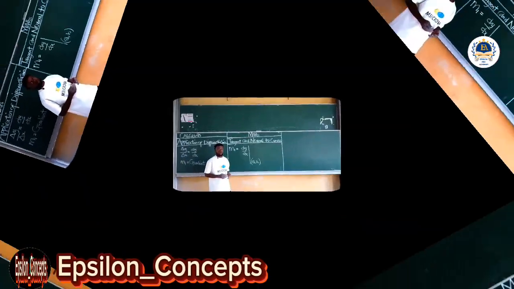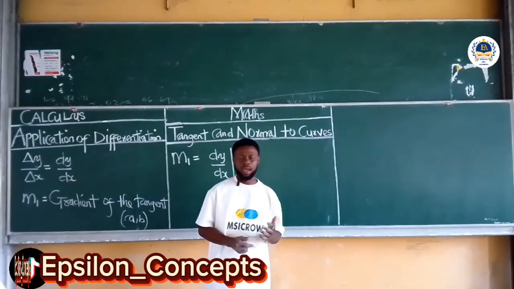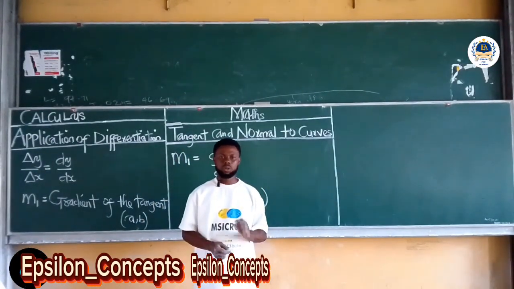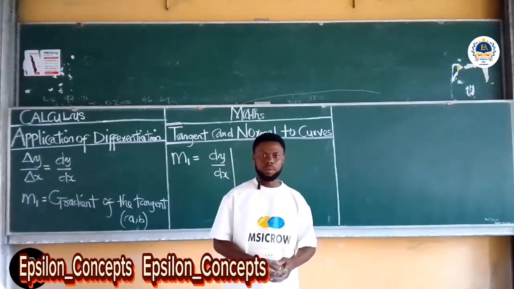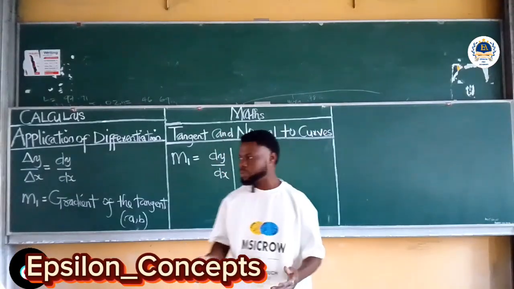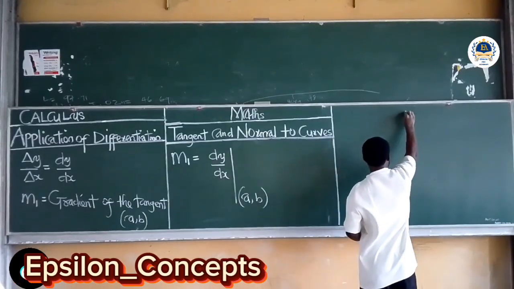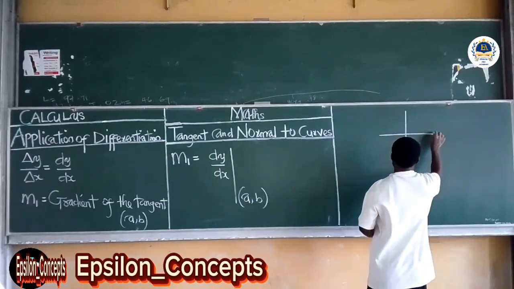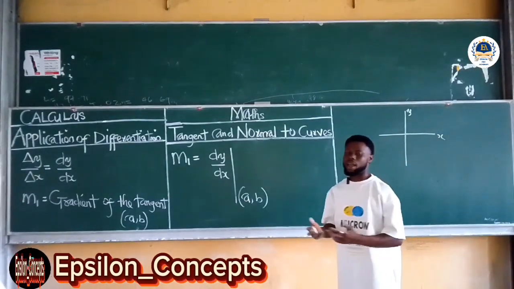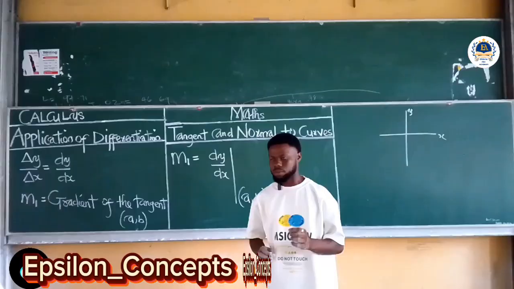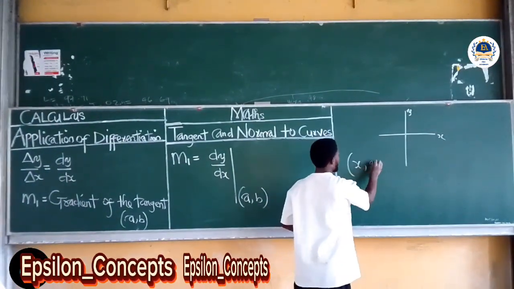Now, I want you to note this. When we use the phrase at a point, a position will be given. And in every position that is given, a Cartesian plane must be considered. So in a Cartesian plane, we must have the x and the y axis. Because you have x and y axes, every position given to you must be a point labeled x, y.